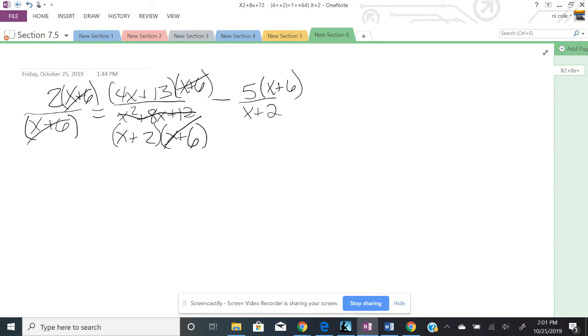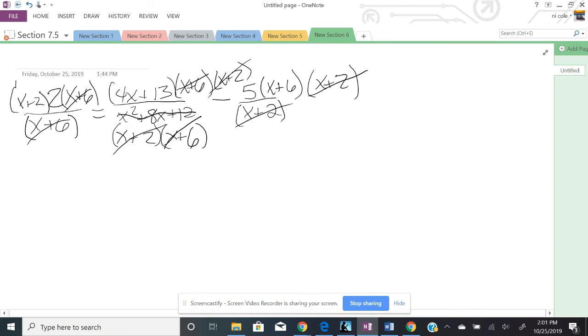All right, so this denominator is gone, but I still have an x plus 2, so everything gets multiplied by x plus 2. My x plus 2 gets canceled here and here.